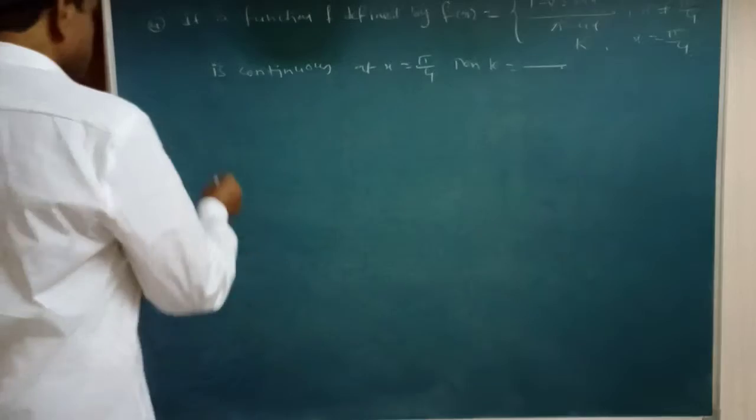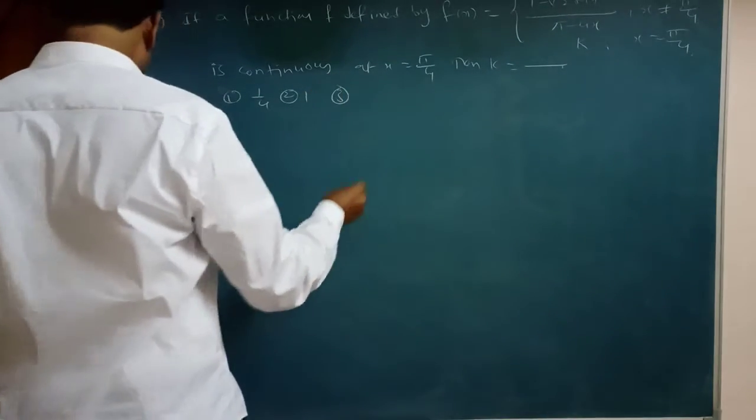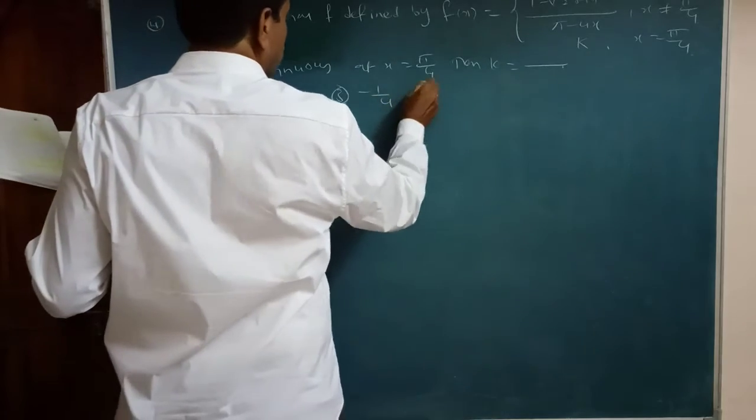Here first option 1 by 4, second option 1, third option minus 1 by 4, fourth option is 2.